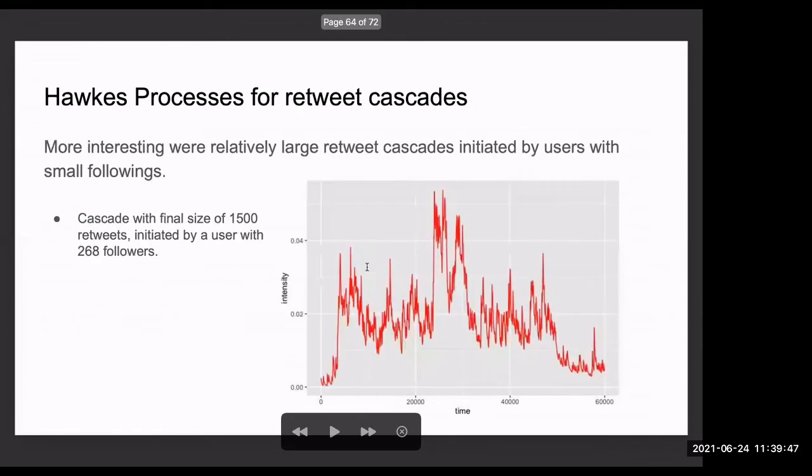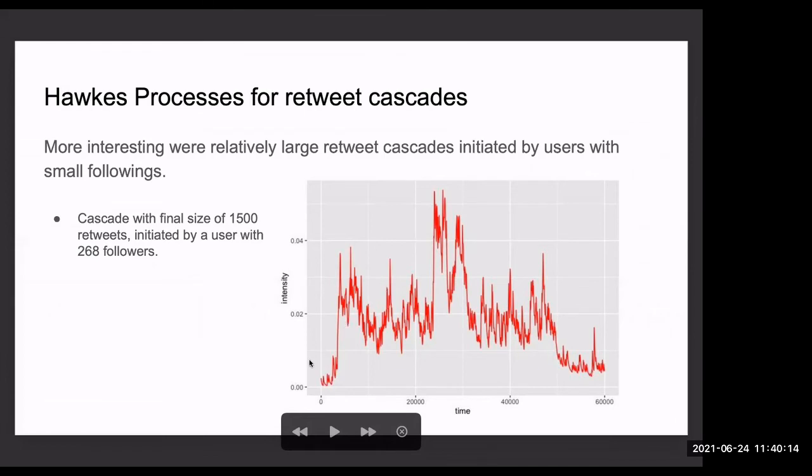What was more interesting was looking at retweet cascades where the users did not have a large following. We can see here a retweet cascade of 1,500 tweets, and it was initiated by a user with only 268 followers. So it's definitely punching above its weight with the retweets.